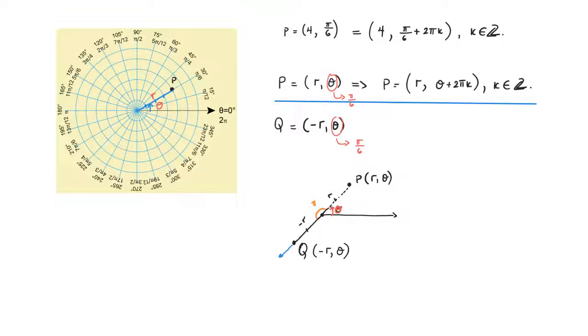I do want you to notice though that I can express point Q in the traditional sense with a positive r. But if I change my r to a positive r, then the angle will no longer be theta. The angle is going to go from the polar axis counterclockwise, all the way to this ray right here. So another way that you can express the coordinates of point Q is in the traditional sense with a positive r.